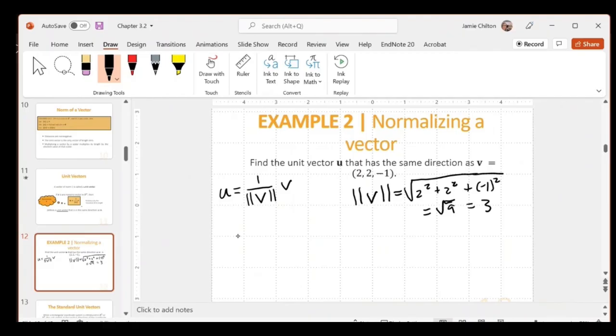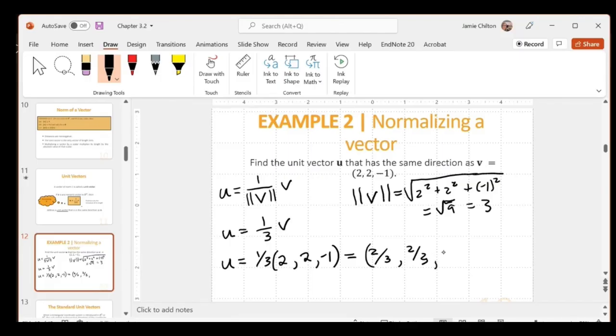Now as our next step in solving for that unit vector, we have 1/3 times our vector v. So u is equal to 1/3 times our components of v up here, 2, 2, -1. That's going to give us 2/3, 2/3, and -1/3. So that is what our unit vector ends up being.